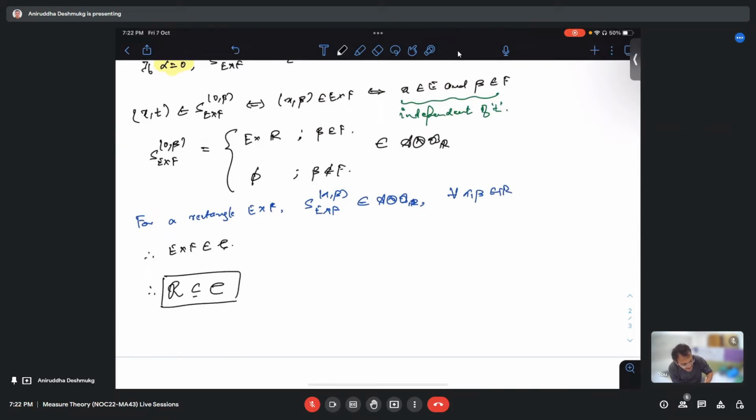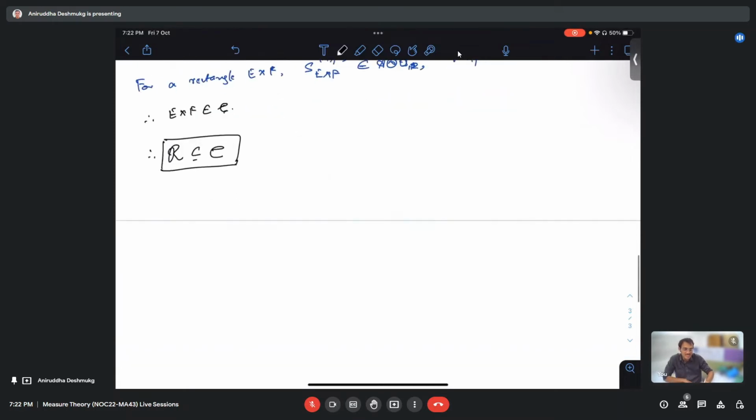And what is the next step? What do we have to do now? To show that it is a sigma algebra. Correct. So we just have to show that C is a sigma algebra. Now, the claim is that C is a sigma algebra. So how to do that?